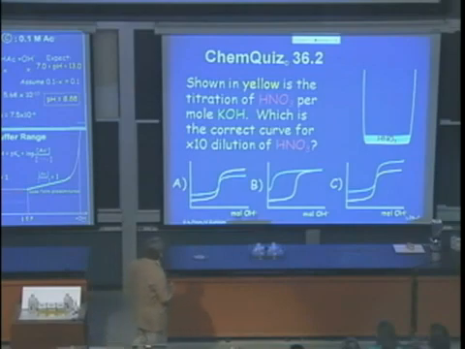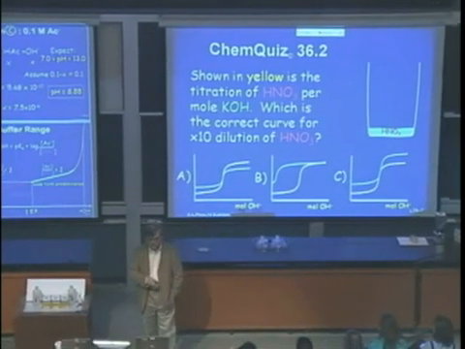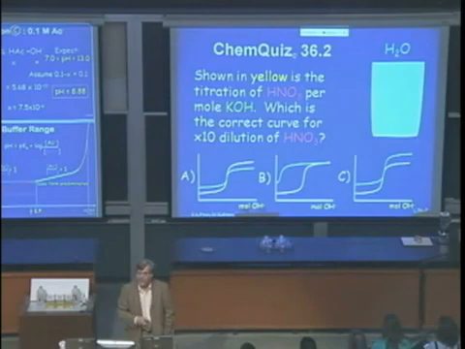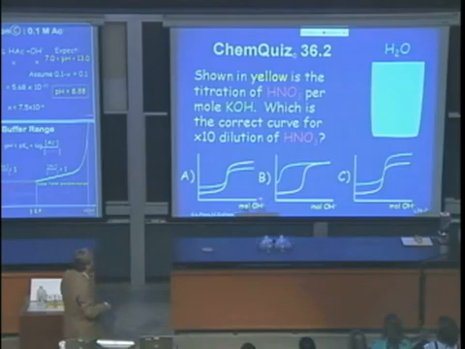Now I'm going to take the nitric acid in my titration vessel and dilute it by a factor of 10. And now I do the same titration again with the same strength of strong base, sodium hydroxide or KOH, potassium hydroxide.